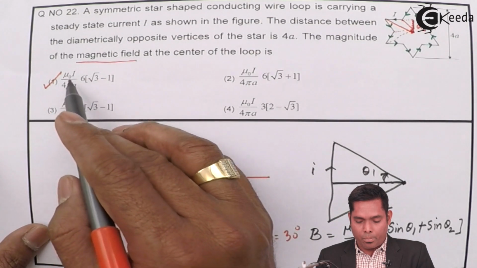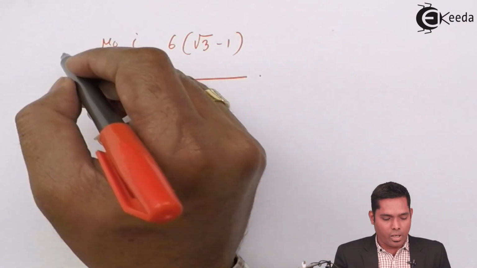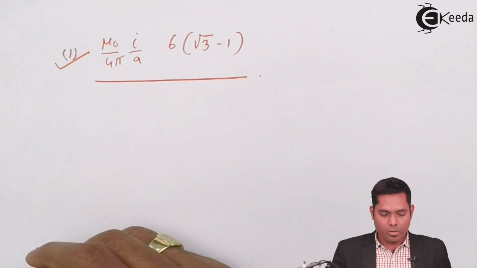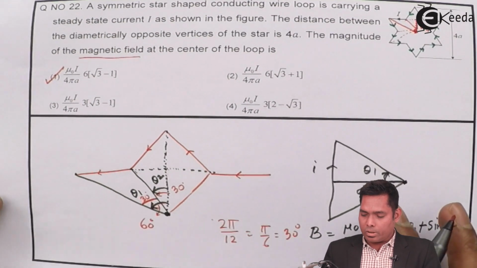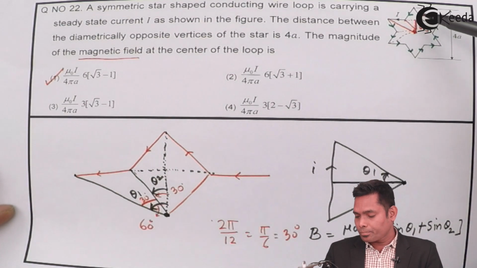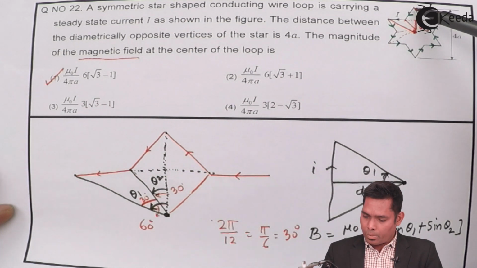Mu naught I upon 4 pi A, 6 times root 3 minus 1. So therefore this option is correct. So this is how this question is solved, but you must know how to find the angle, because this always subtends an angle of 30 degrees since it is 12 sided. This is 30 degrees, so this also will project an angle of 30 degrees at this point.